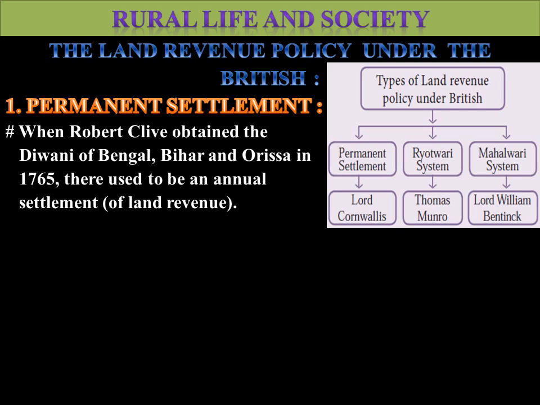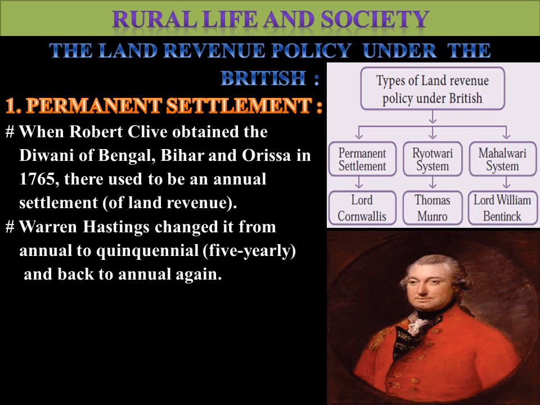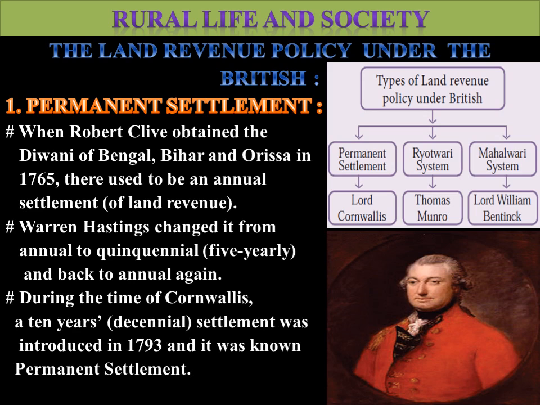Warren Hastings changed its form from annual to quinquennial, meaning 5 years only, and then back to annual again. During the time of Cornwallis, a 10-year decennial settlement was introduced in 1793 and it was now made permanent.